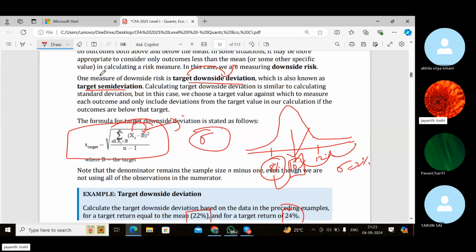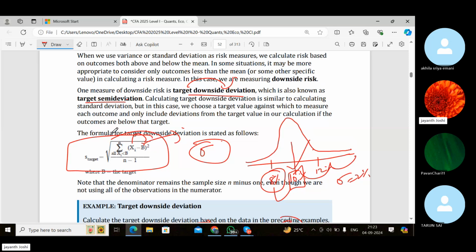Okay, so here you can see one measure of downside risk is target downside deviation, which is also known as target semi deviation. Calculating target downside deviation is similar to calculating standard deviation. Yes, of course, not something you're doing new. There you're taking your expected return. Here you're taking your target return. But in this case, we choose a target value against which we measure each outcome and only include deviations from the target value in our calculation.